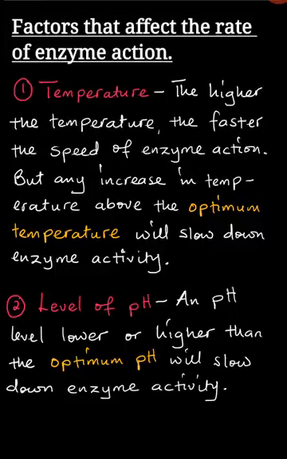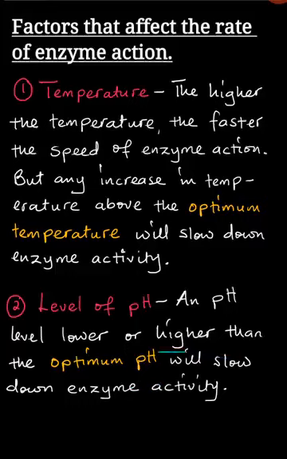The second factor that affects the rate of enzyme action is the level of pH. Again, we discussed this matter in the other lesson where we discussed optimum temperature and optimum pH. So, the best level at which the speed of an enzyme is at its highest is the optimum pH.